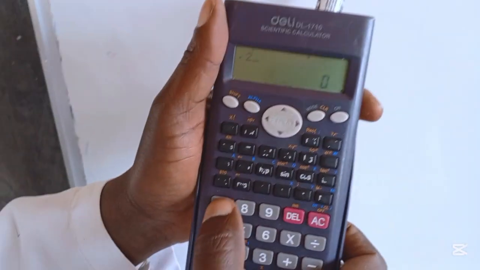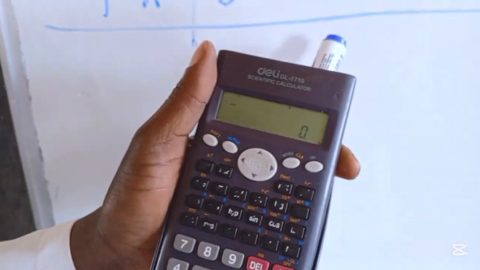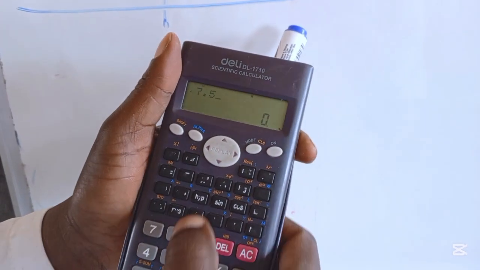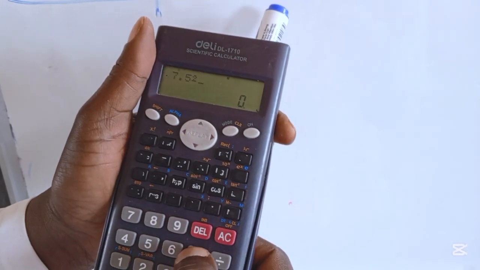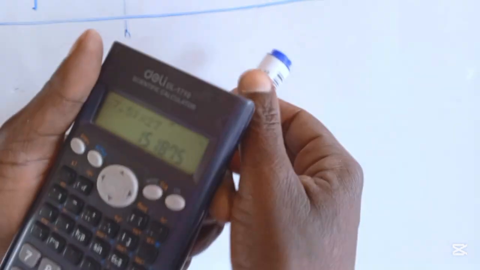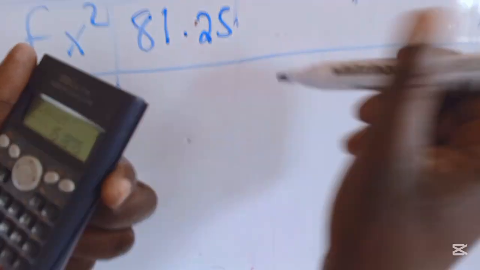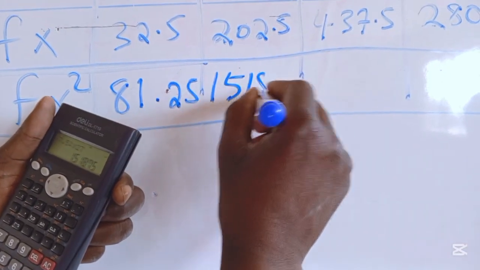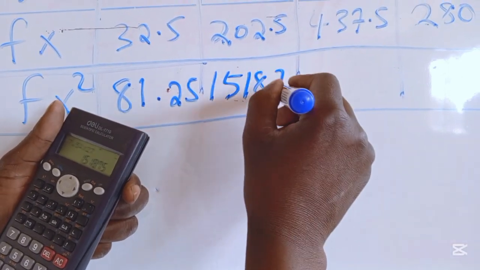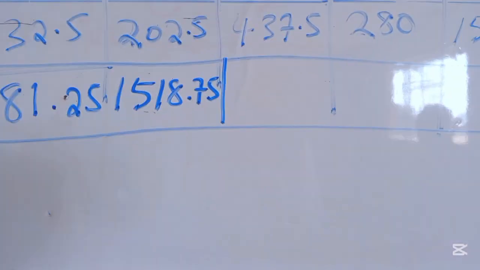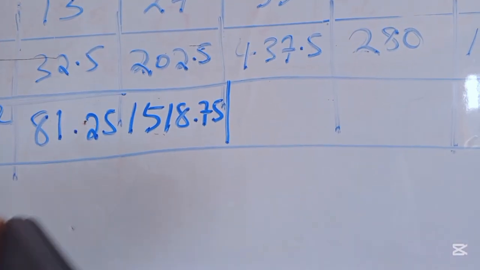7.5 squared multiplied by 27. You will get 1518.75. You can see I'm doing it like that. Be careful what I'm doing.